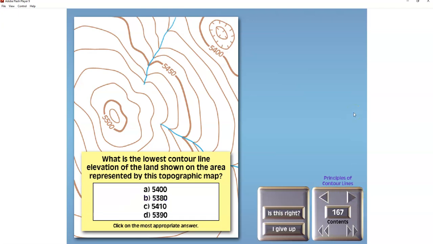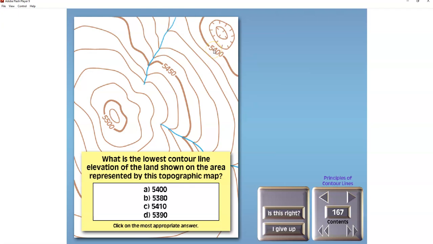What is the lowest contour line elevation of the land shown on the area represented by this topographic map? So now we're looking up here in the top right. You see those are called depression contours. They have those little hachures, H-A-C-H-U-R-E-S. That shows downslope. So that shows a crater.